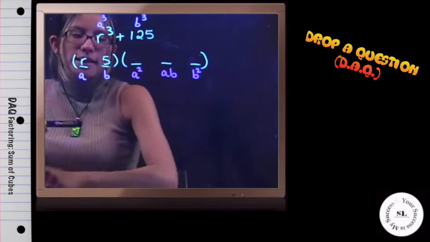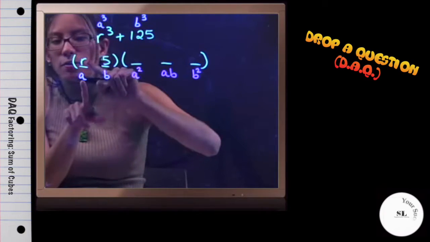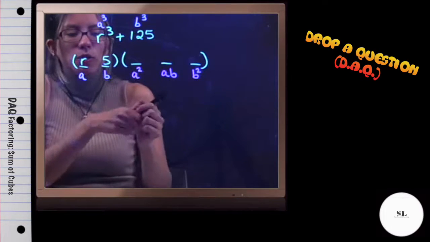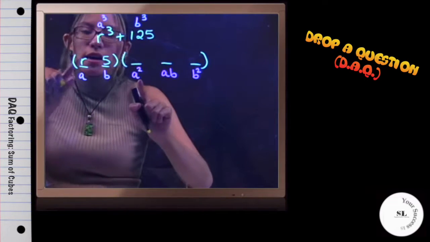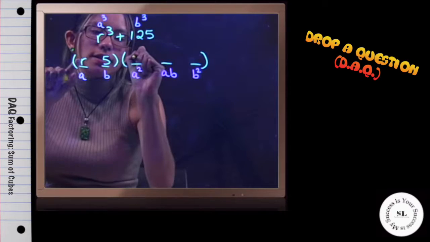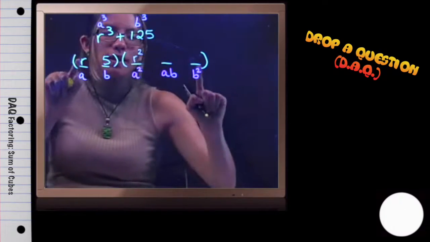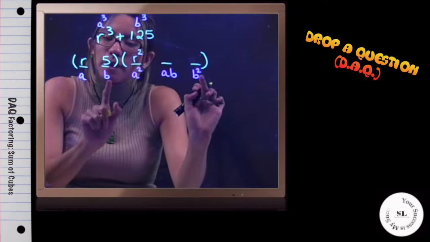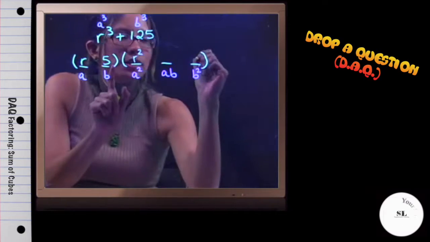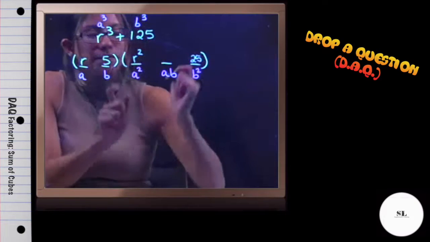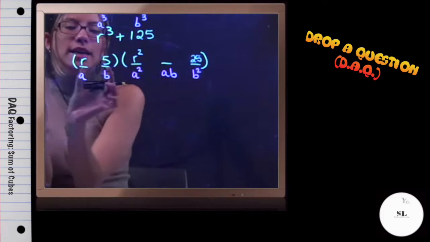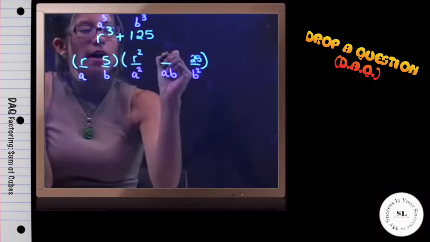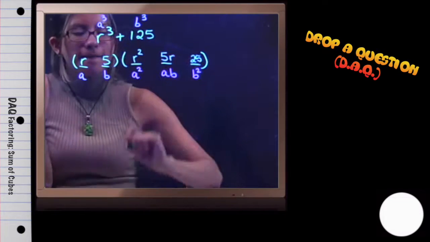As you can see, if a was r, then for my second group, this first placeholder is going to be a squared, so r squared here. Similarly, our last term is also b squared. So if my b was 5, b squared will be 25. And now a times b: r times 5, which is 5r.